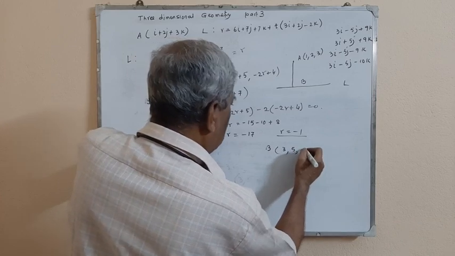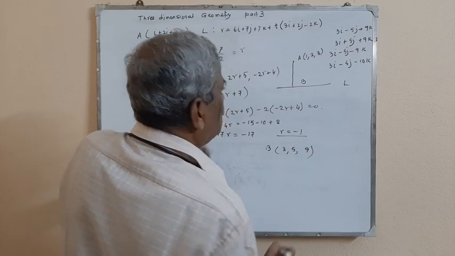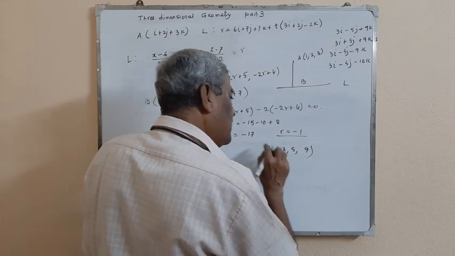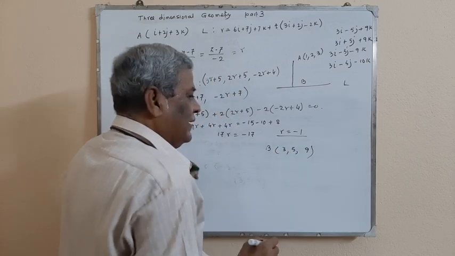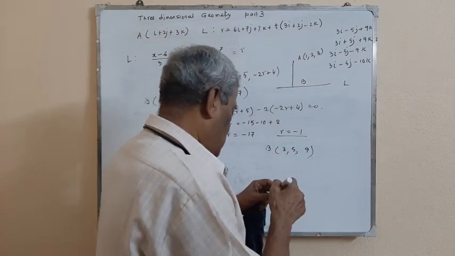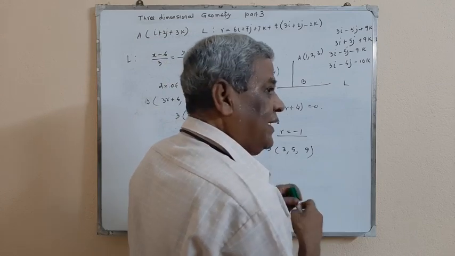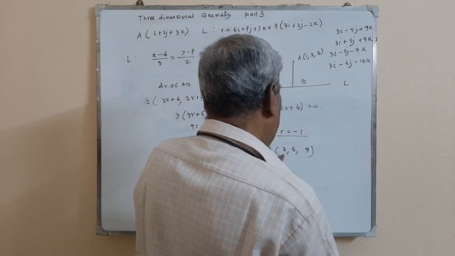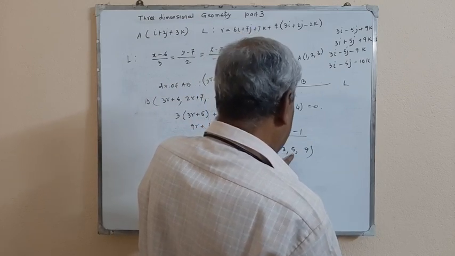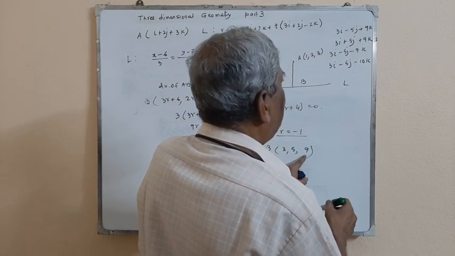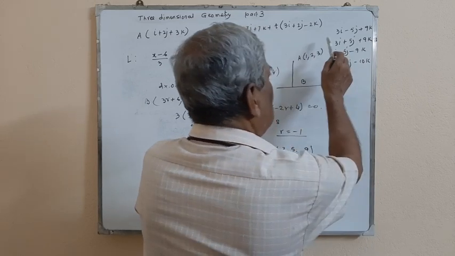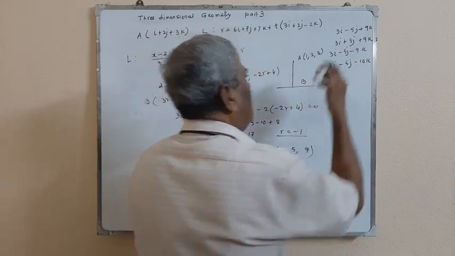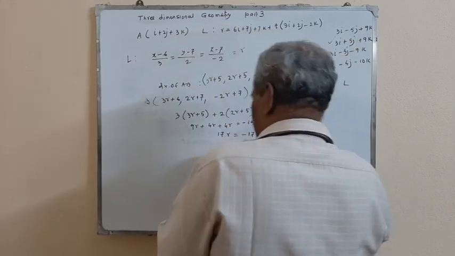This is calculated in terms of Cartesian coordinates. In case of vector equation, its position vector B will be 3i plus 5j plus 9k. So the second option is correct.